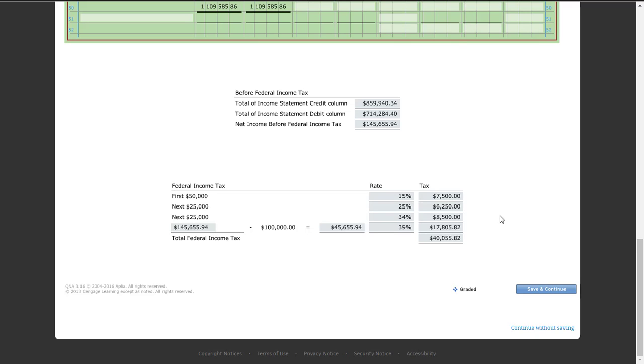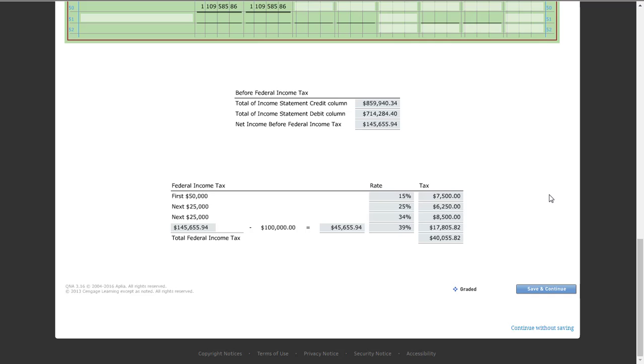Okay. Now, this is how much tax we owe based on our net income of $145,655.94. Make sense? How much federal income tax did we already pay? $40,000. Would you agree? Right there on line 49. That's right off the top of my screen. How much do I still have to pay?